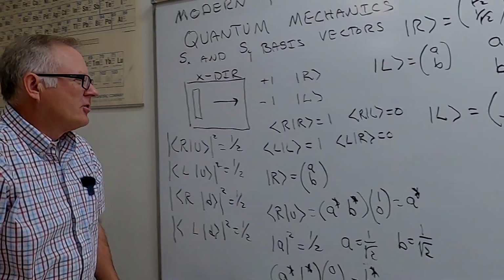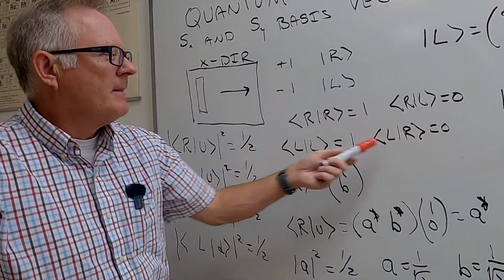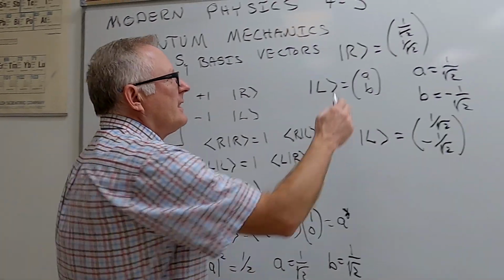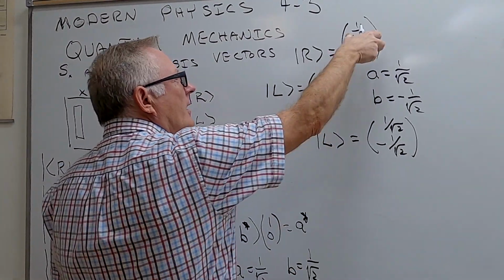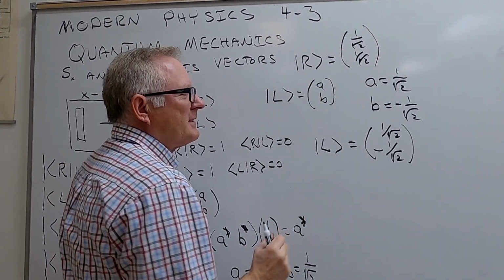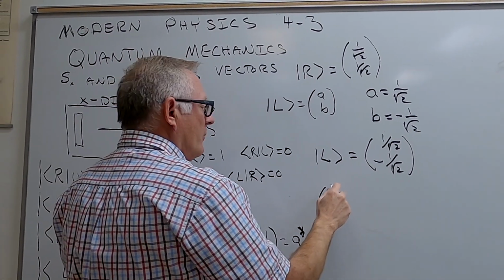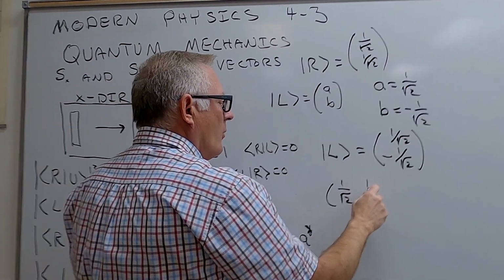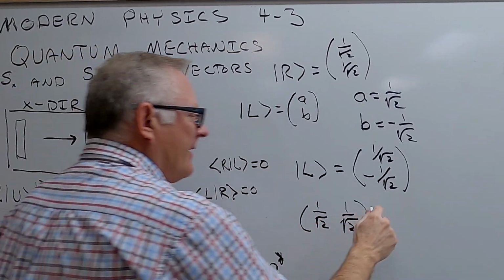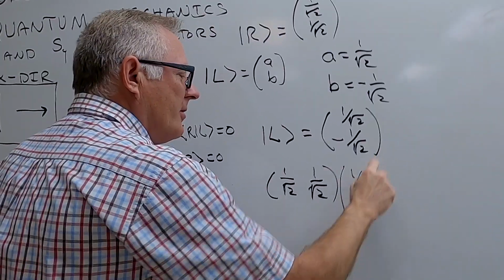Now just to make sure, all these should work out. If we dot right with right, we should get 1. Remember, the bra of right, you just flip it and take the complex conjugate, but that's real, so you don't have to do anything except flip it. 1 over the square root of 2, 1 over the square root of 2, times our ket of right, which is 1 over the square root of 2, 1 over the square root of 2.